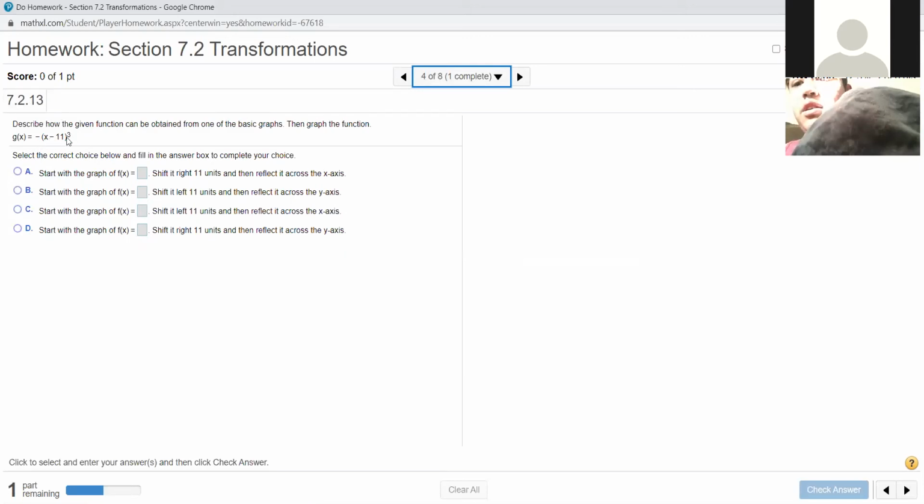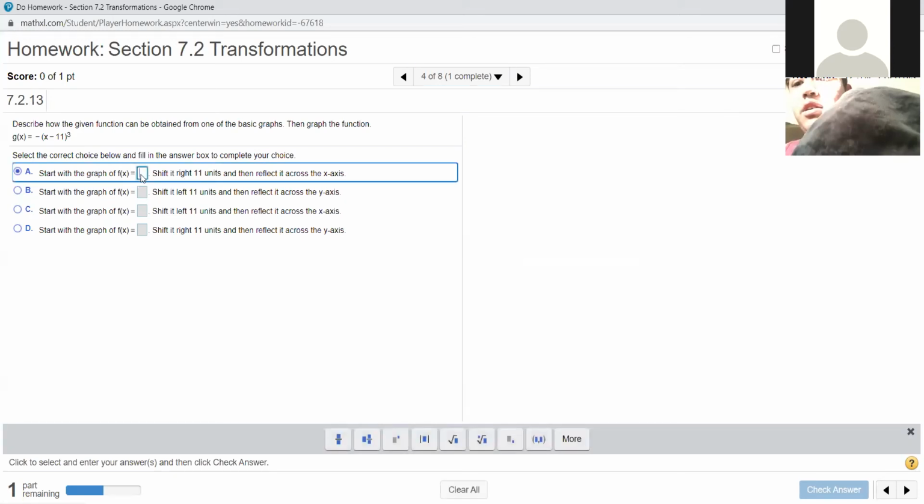Since minus 11 is inside, that minus 11 is actually going to shift me to the right 11. And then the minus out front is going to reflect me across the x-axis. So let's see what that does. Shift it right 11 and reflect across x. So it'll be this A. So I'll tell it, I want it to be x to the 3rd power.